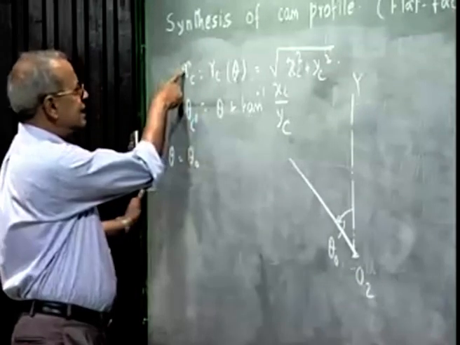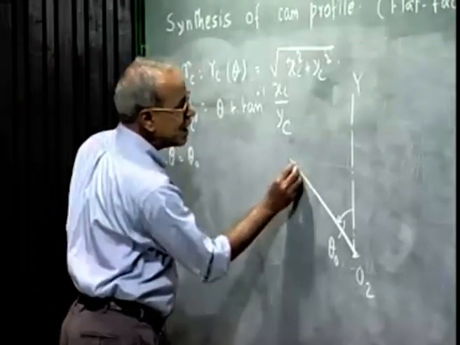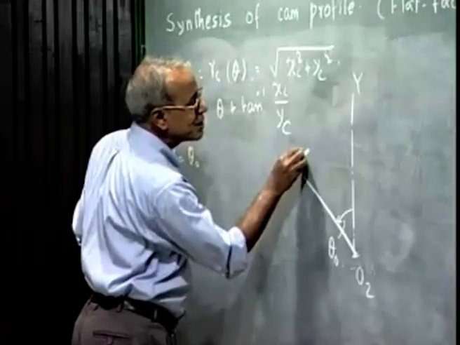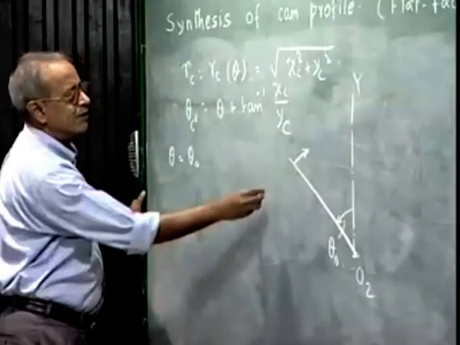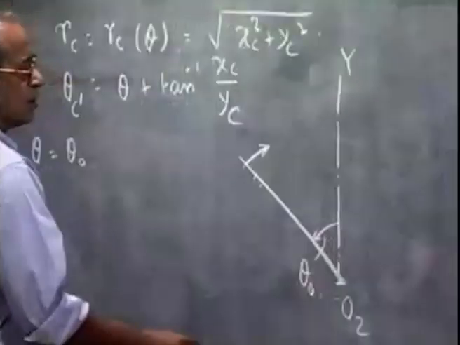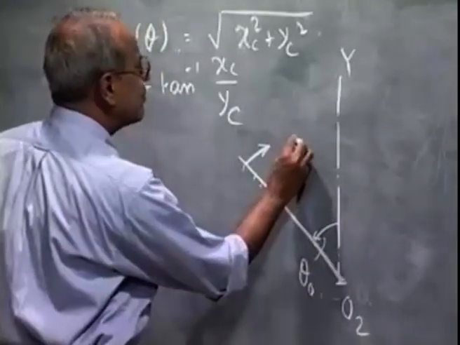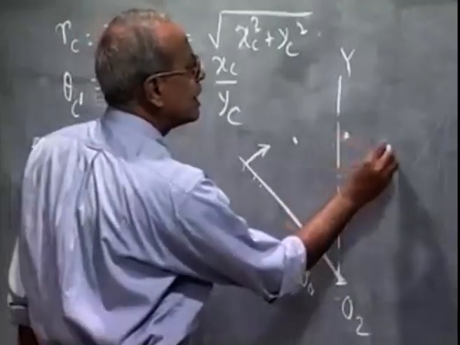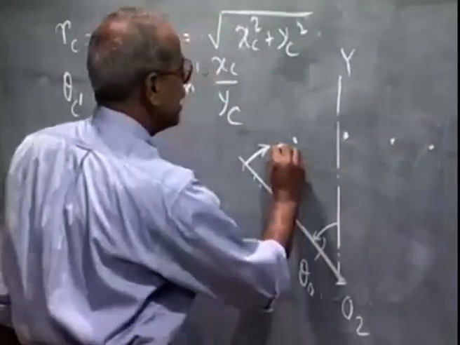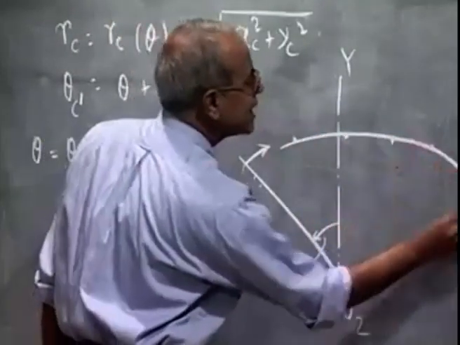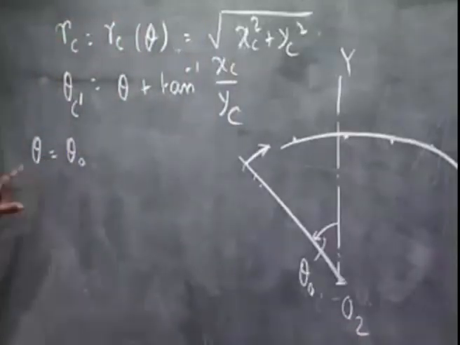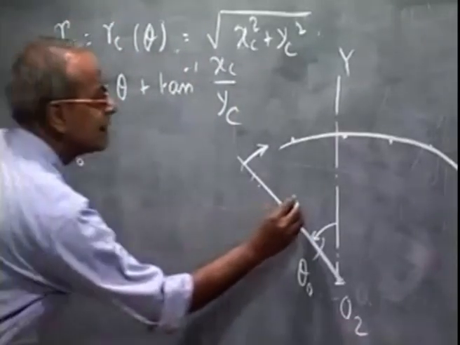Then take these values of RC and theta C prime, but theta C prime I measure in the clockwise direction from this line. So, say for some values of theta I get RC and theta C prime, this point, then this point, then this point, like that, and joining these points I will get the cam profile when the cam has rotated by an angle theta 0.